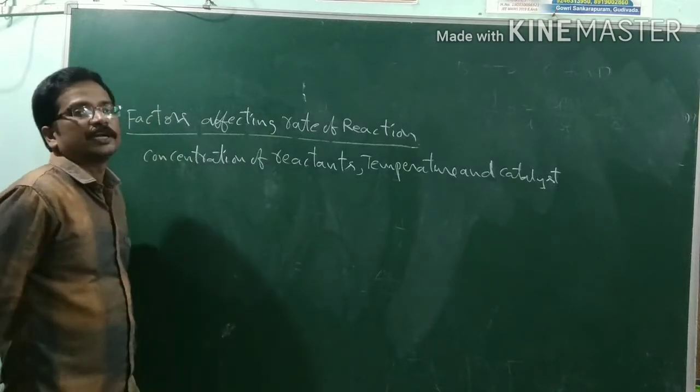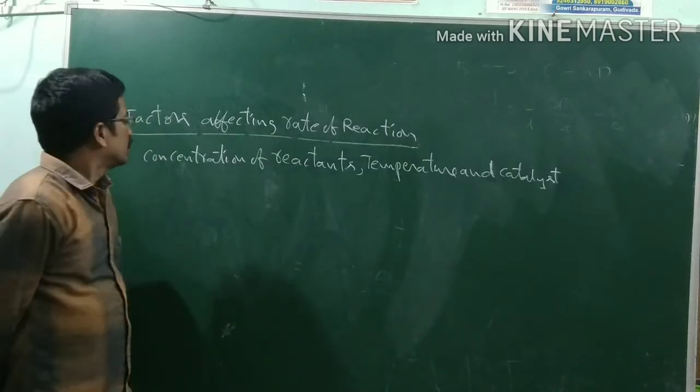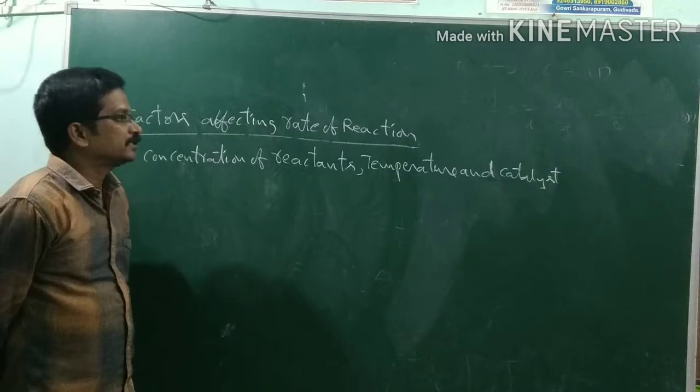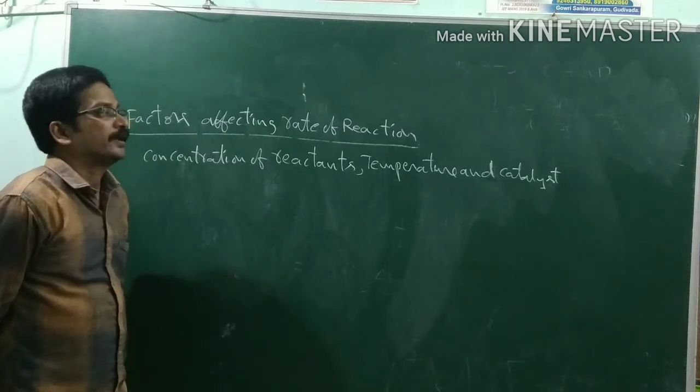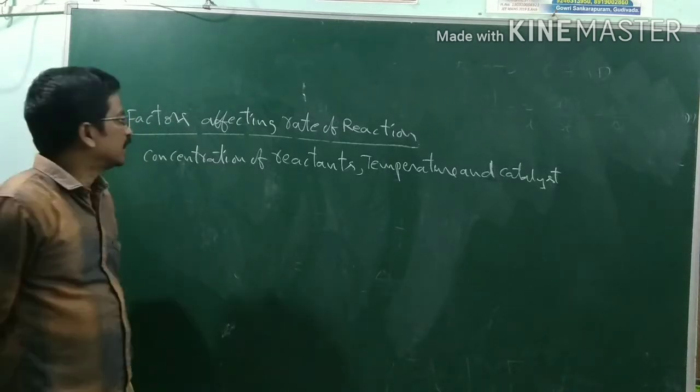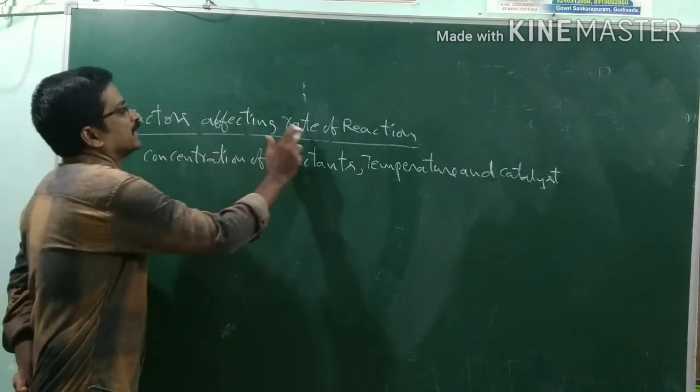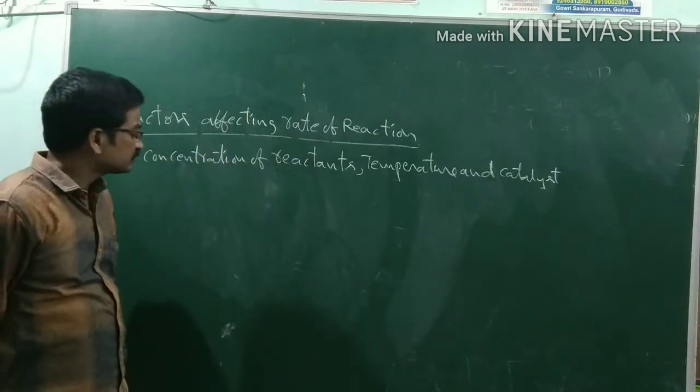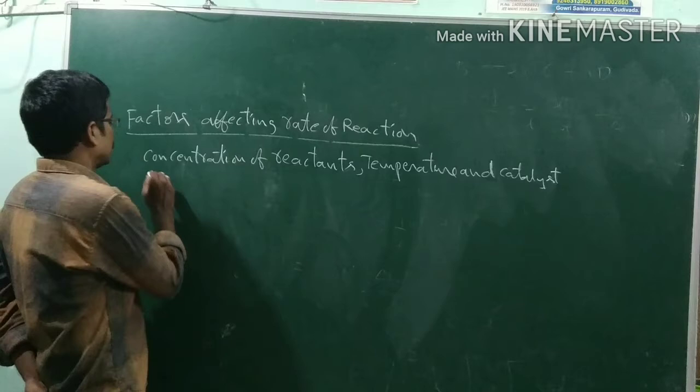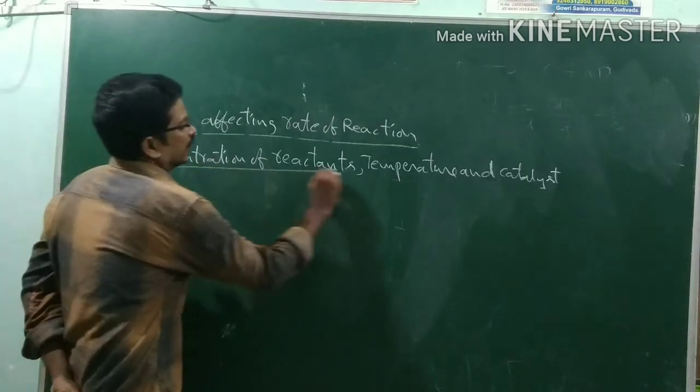These three are the important ones. Concentration of reactants, temperature and catalyst are the factors affecting rate of reaction. Now let us focus on concentration of reactants.